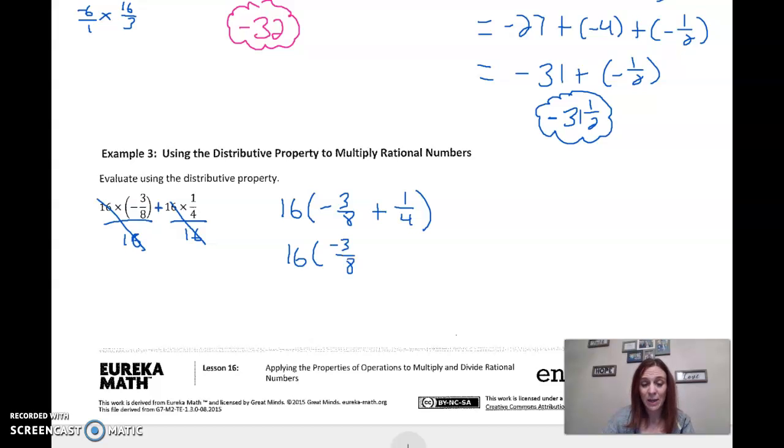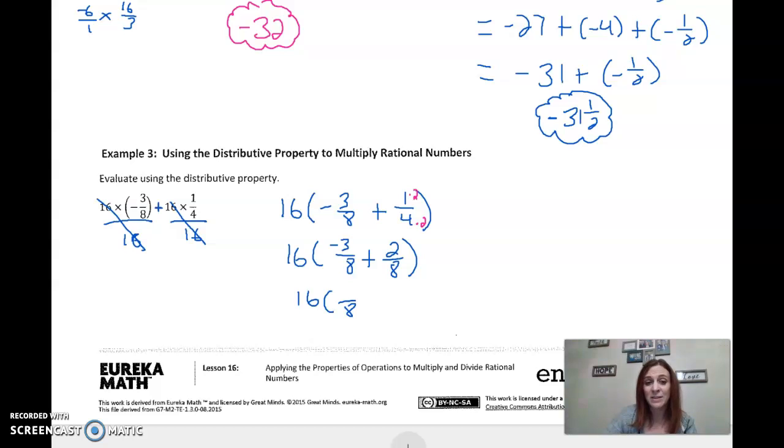So this is a -3/8 plus, I can rewrite this out of 8 by multiplying the bottom by 2. If I multiply the bottom by 2, I have to multiply the top by 2. So 1 times 2 is 2. 4 times 2 is 8. And this works out to be 16 times, same denominator, so I'm going to have 8 on the bottom.